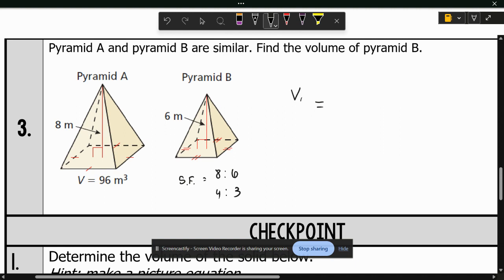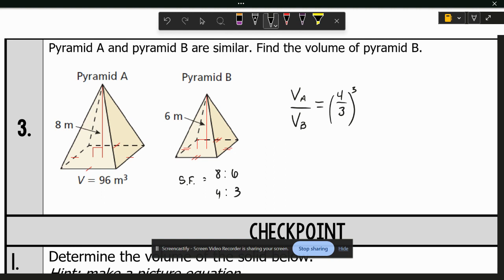So whatever we have here, which in this case is our volume of our first pyramid A. So volume of A over the volume of B is equal to 4 over 3. And then because we're dealing with volume, it'll be 4 over 3 cubed, because the scale factor of every single piece of the pyramid is going to be the exact same.